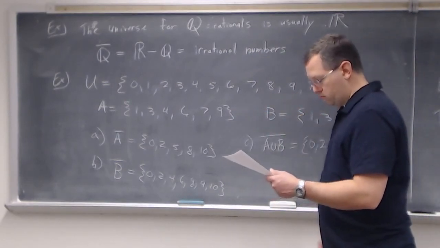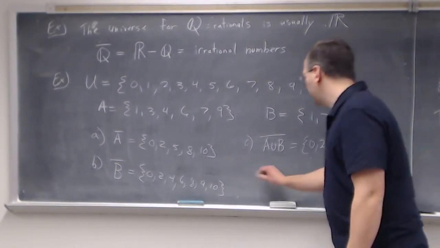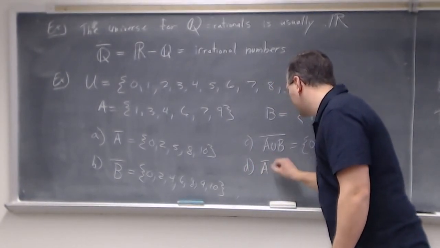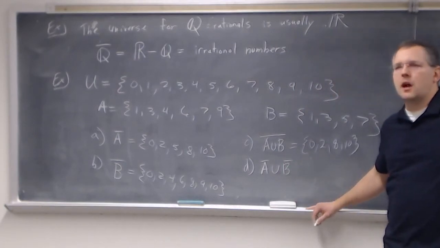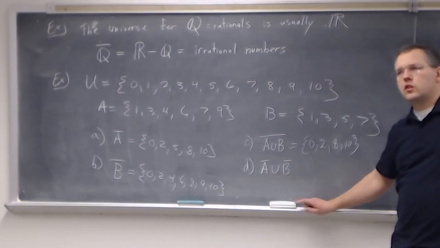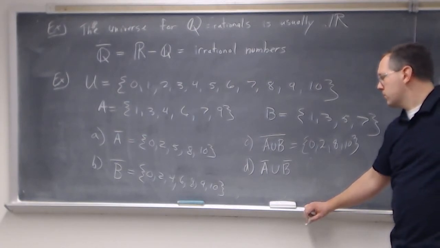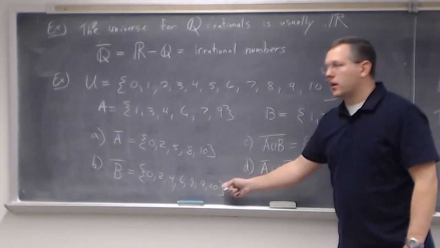What if I split it up and did the complement of A union the complement of B? Is that the same as this? Do you get the same thing? Well, we've got the complement of A and the complement of B already on the board.